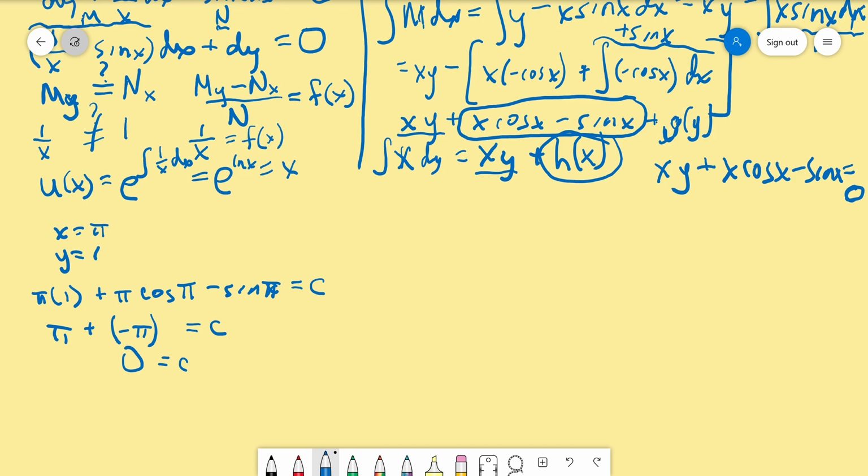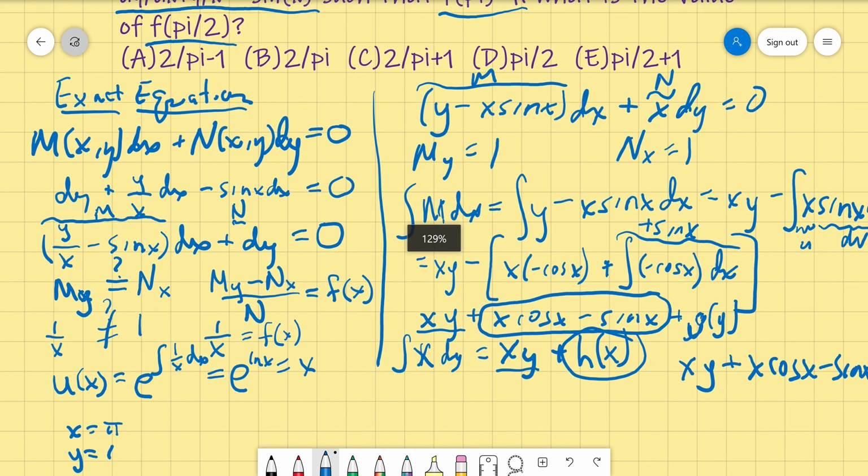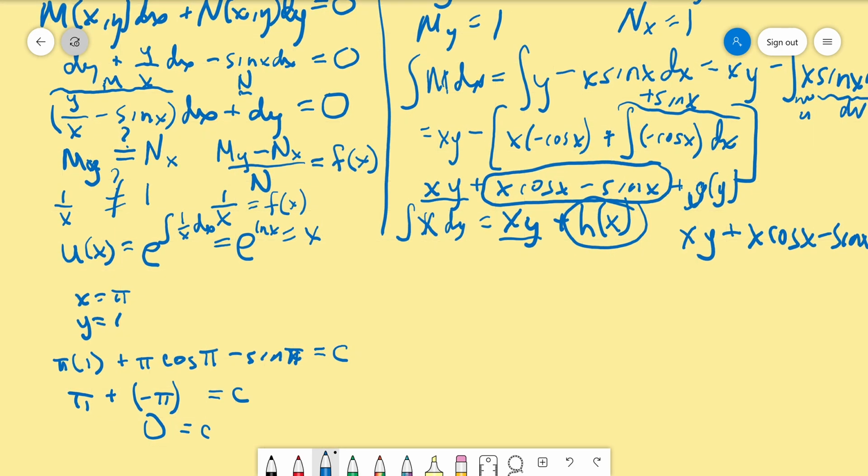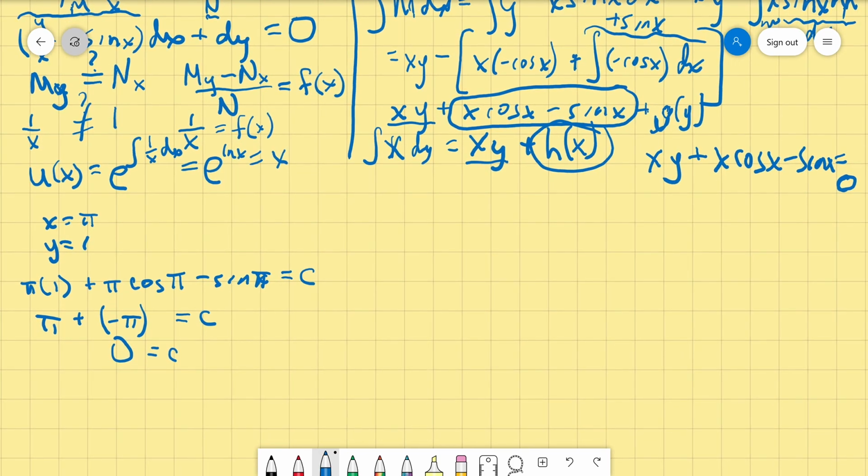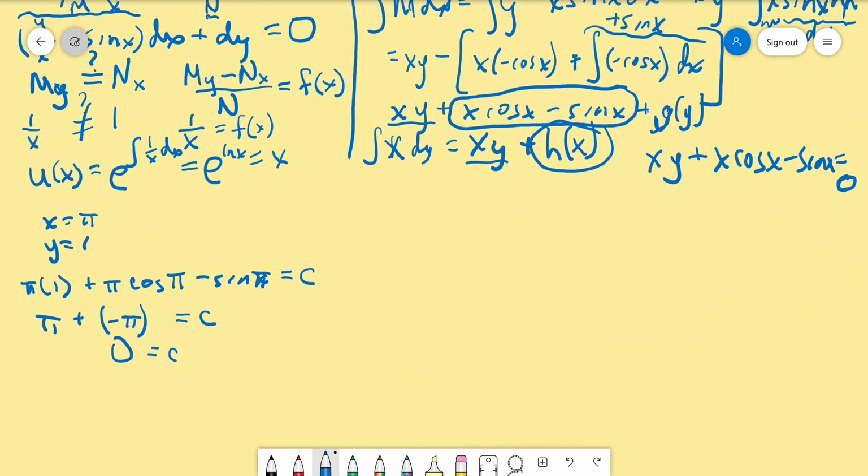And now the question that they're asking us is, what is f of pi over 2? Well, let's plug in pi over 2 for x. We'll get pi over 2 times y plus pi over 2 times cosine of pi over 2, cosine of pi over 2 is 0, minus sine of pi over 2, that's 1, equals 0.